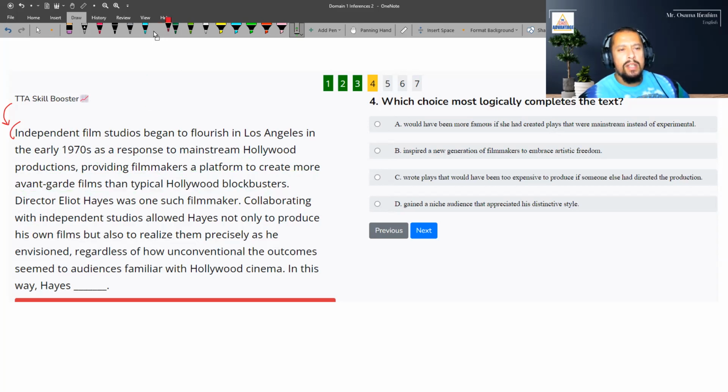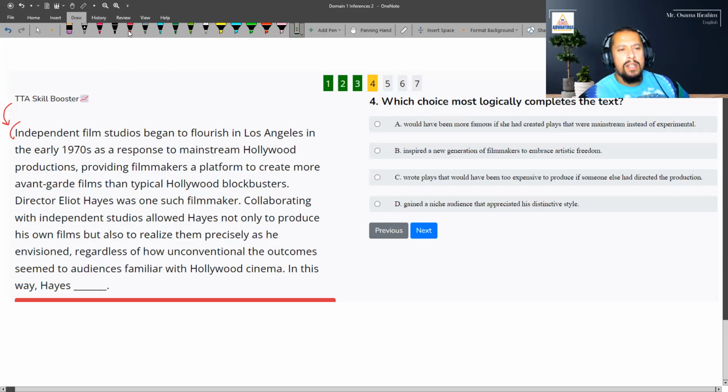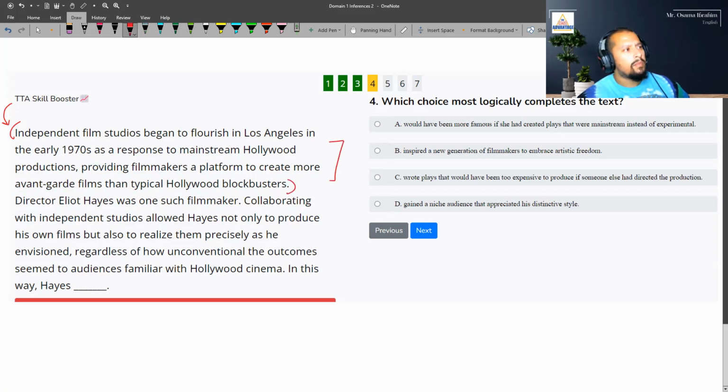Okay, so what does sentence number 1 tell us? Providing filmmakers a platform to create more. This is about filmmakers. And what kind of films do they make?